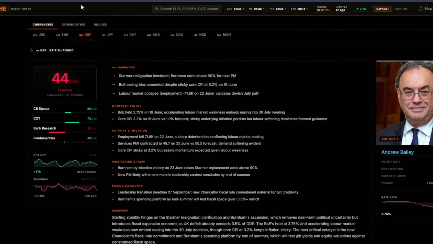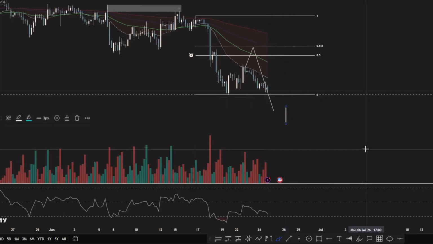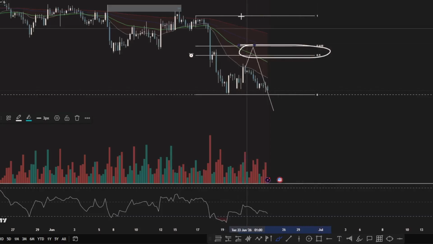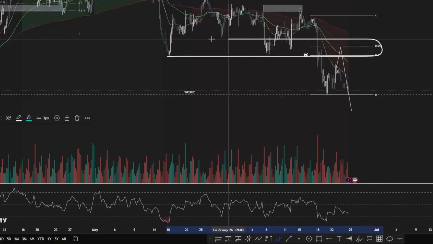Now I would like to talk a little bit about the chart. Like I said, I do believe this wouldn't be happening right now. I think this will probably happen next week for a potential setup, because I've been looking at this setup for quite a bit of time now, and we've unfortunately not got into our area of interest. This would be in a very clean area because we have some support here that can act as resistance.